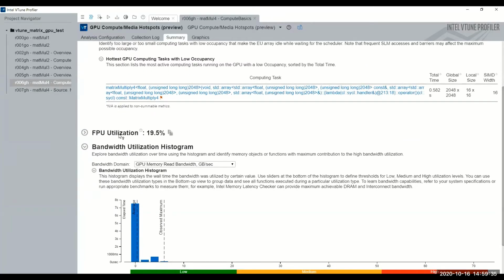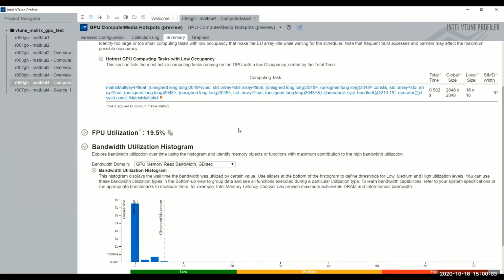Now we get the FPU utilization, which indicates the amount of time when the EU was busy, what was the portion of utilizing the execution unit itself, the floating point unit itself.